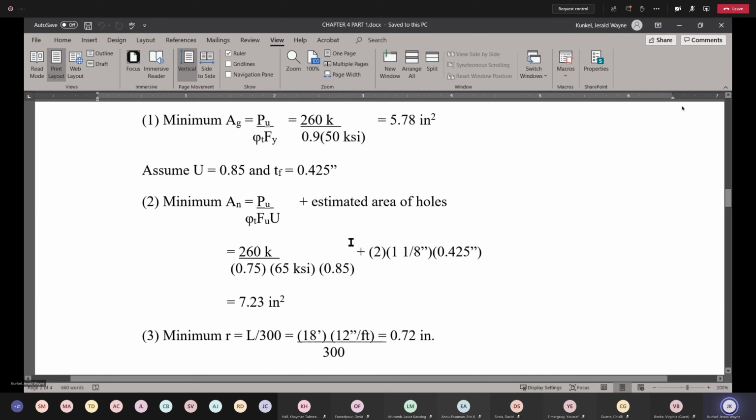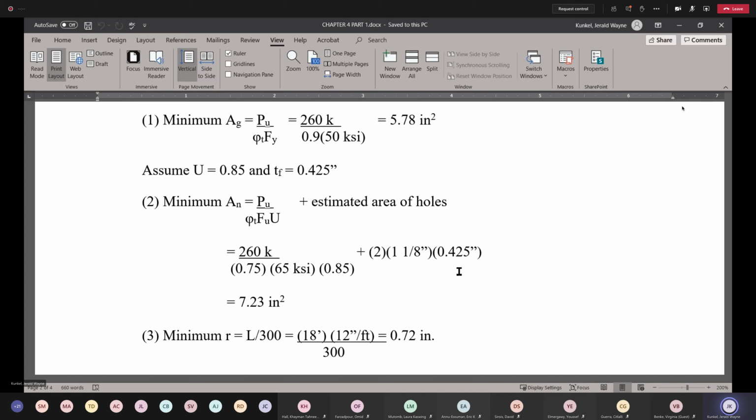And then right here is where we're compensating for the holes. We need to add them back into the area. So when we subtract out the holes, we need to stay above our minimum area.